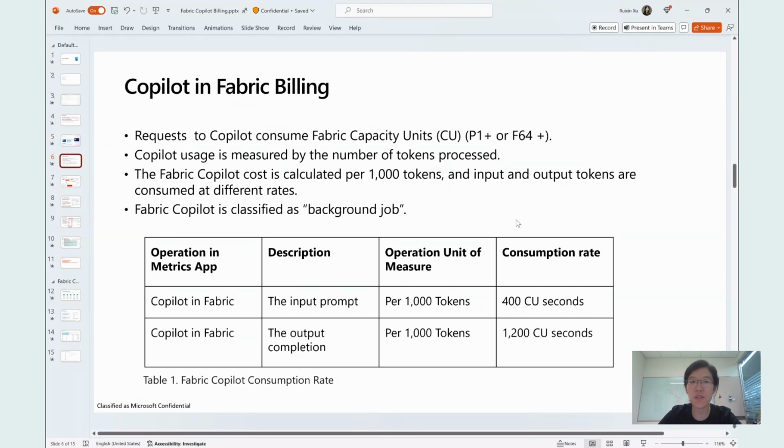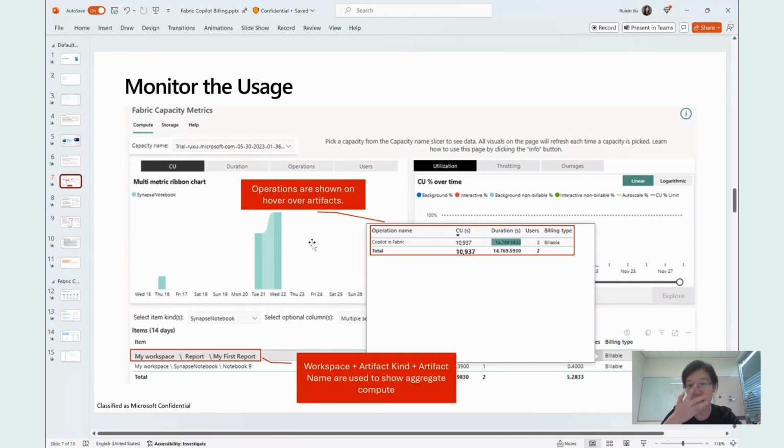Once you use Copilot in Fabric and have done the operations, you can see your consumption from the Fabric Capacity Metrics app. In the app, you can see various lines organized by your workspace, your artifact count, and your artifact name, and if you hover over it, you can see an operation name called Copilot in Fabric.